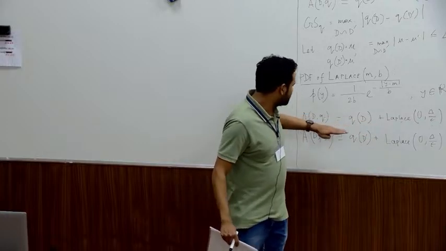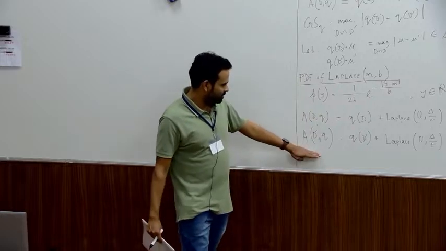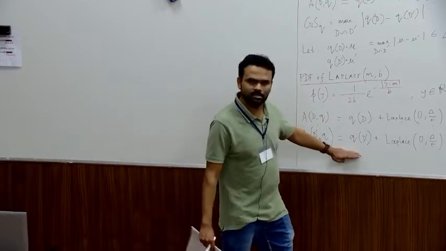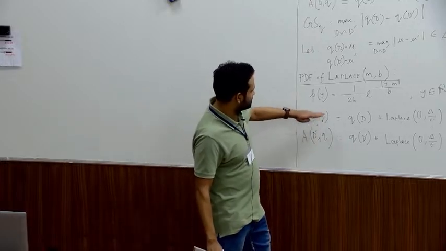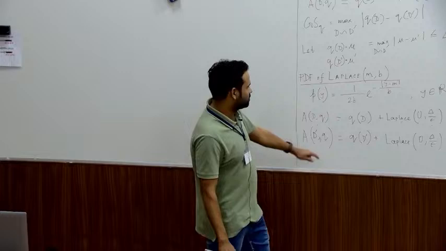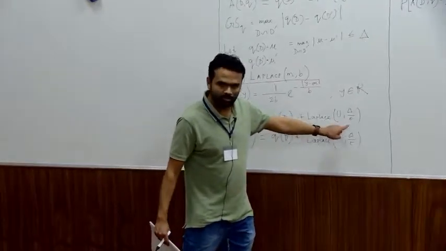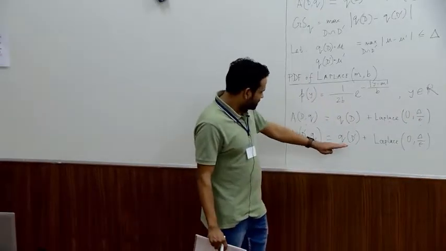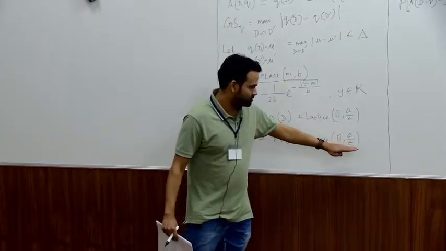The mean of A(d, q) is q(d). Similarly, the mean of A(d dash, q) is q(d dash). So A(d, q) is a Laplace distributed random variable with mean q(d) and scale delta by epsilon, and A(d dash, q) is similar, Laplace distributed with mean q(d dash) and scale delta by epsilon.